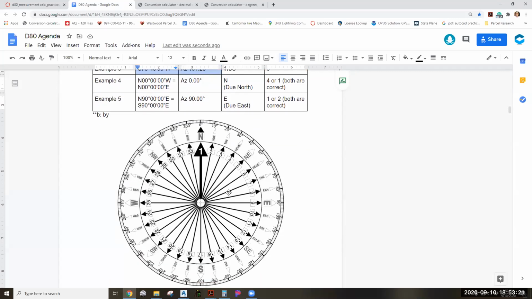But just so you're aware of how to read a compass, north and south is up and down, east and west is right and left, like normal, okay? Northeast is exactly in between north and east, so it's 45 degrees from north and 45 degrees from east. Southeast is 45 from east and south, and so forth and so on, okay?